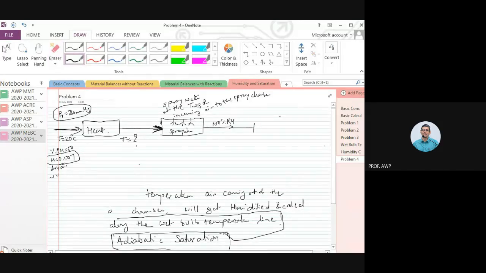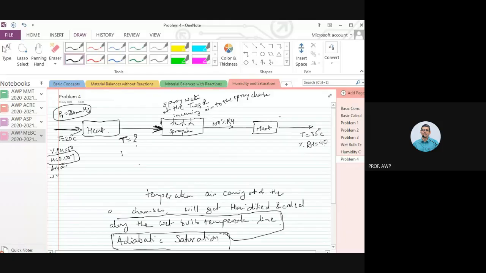And then we will heat this air again so that it comes out at 35 degrees centigrade and 40% RH. Okay, so I would like you to find out this temperature.